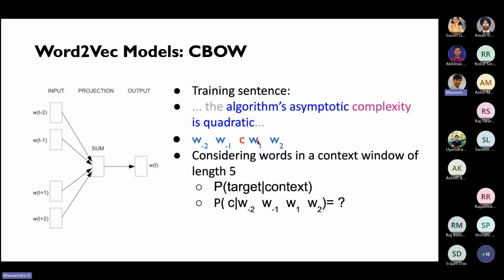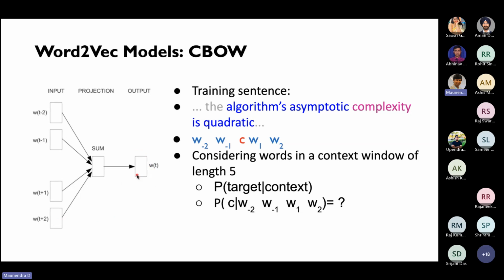In the continuous bag of words model, again the same training sample, the same sliding window will be there. However, the roles of input and output will reverse from what we have seen in the previous slide. So here the context words will be provided as input: W-2, W-1, W+1, W+2. These will be the inputs, and we have to predict the central or target word.